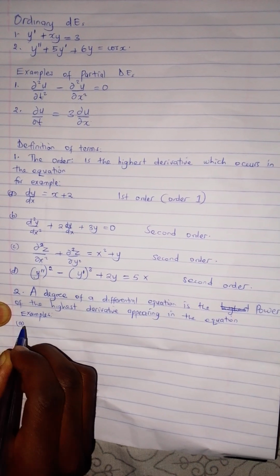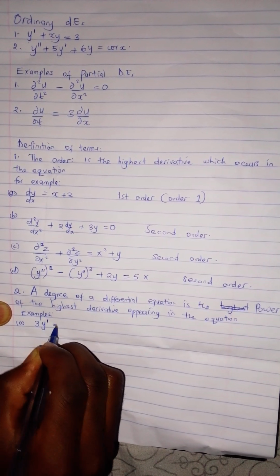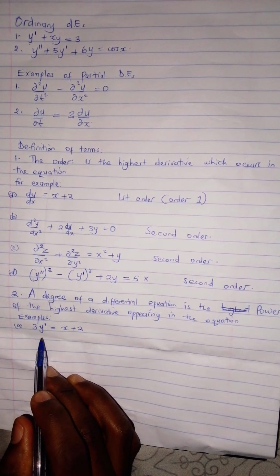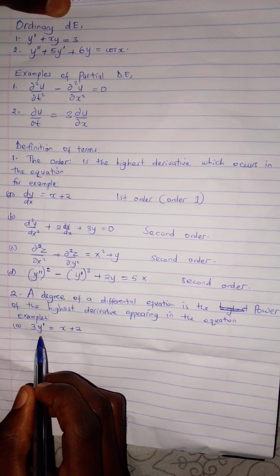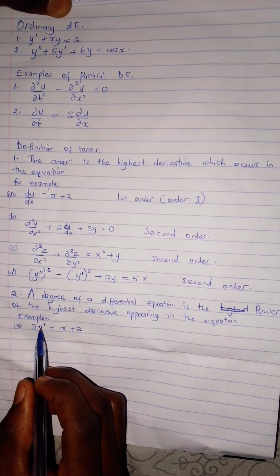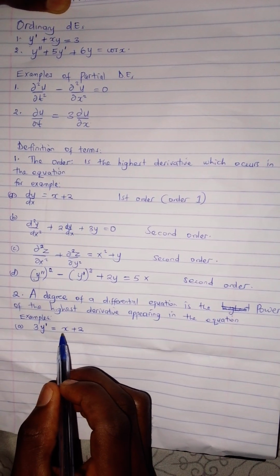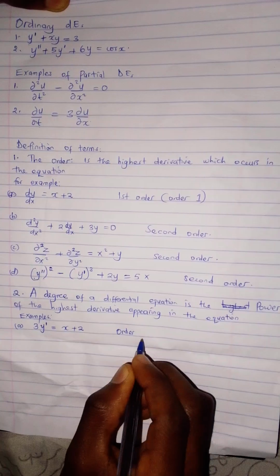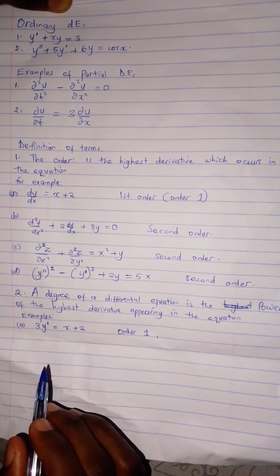and in part A, we have 3 first derivative of y according to x plus 2. This differential equation has order 1 because y was differentiated for the first time, and so it is order 1 or first order.